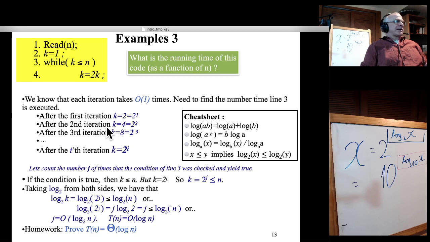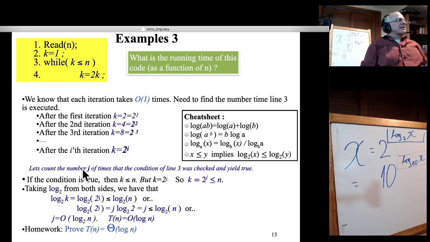After the second iteration, k equals 4, also known as 2 to the power 2. After the third iteration, k equals 2 to the power 3. Right? 2 times 4, 8 equals 2 to the power 3. And if you want to be extra formal, you can prove by induction that after the ith iteration, no matter how many iterations you did, k equals 2 to the power i, for every value of i.